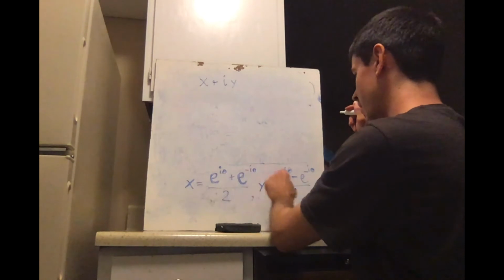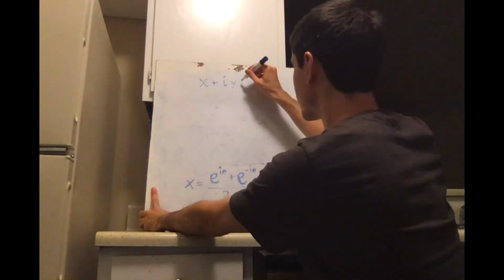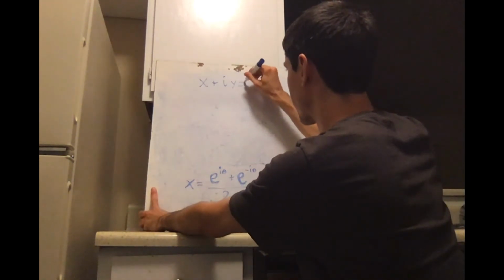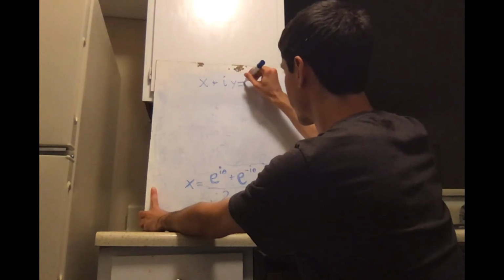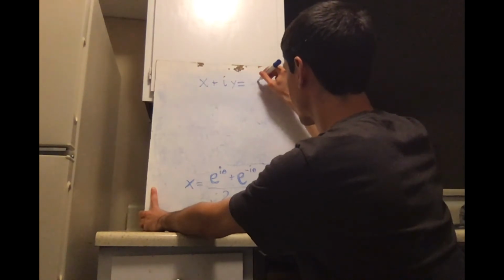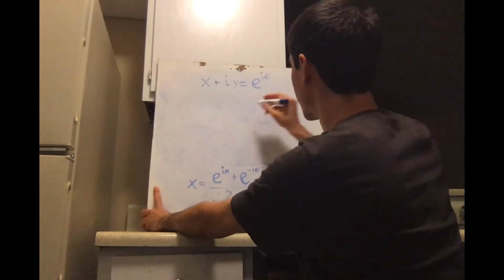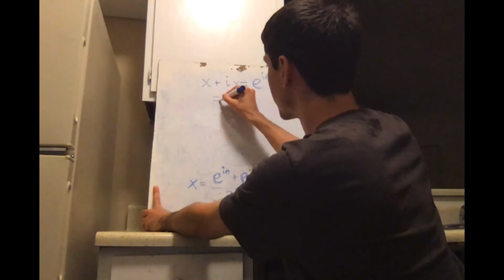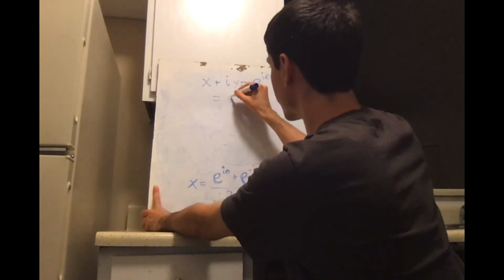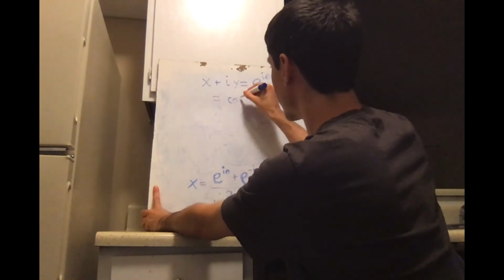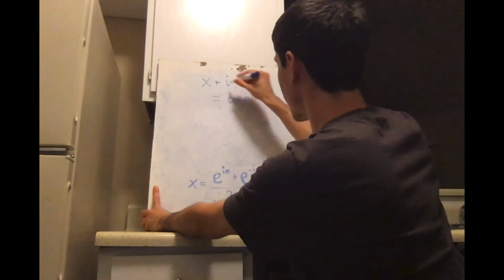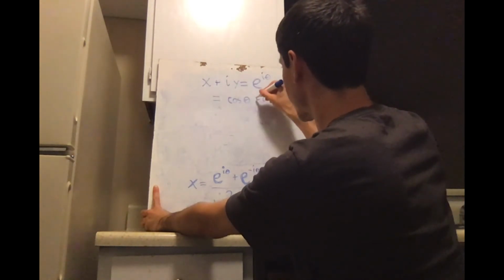You get e to the i theta plus e to the i theta over 2, which is just e to the i theta. So, I mean, you could even see this as a definition of e to the i theta. It's cosine theta plus i times sine theta.